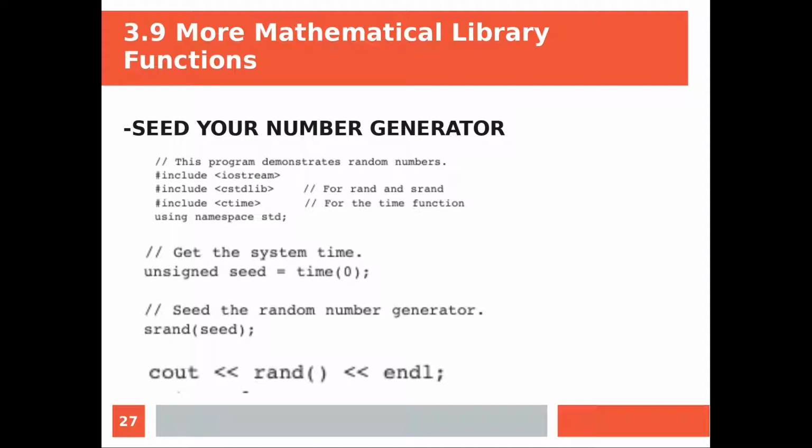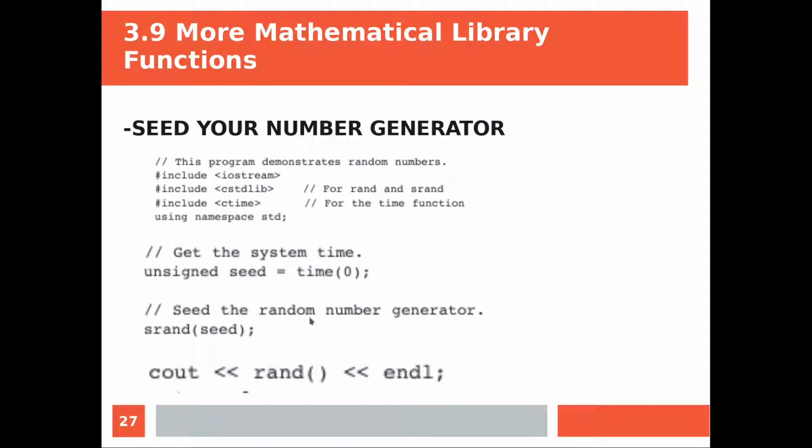And if you don't seed your random number generator, you're going to have problems, and that problem is that you're going to get the same results every single time you run the program. Now it might be different from computer to computer, but it's not going to be different from when you're running the program on your own computer more than once.